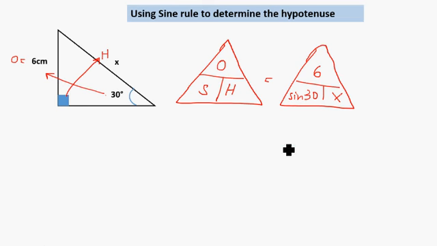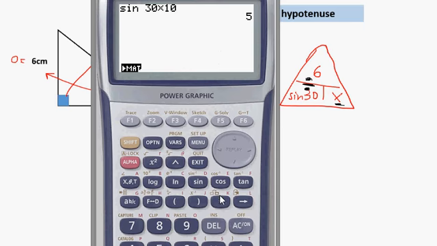Now like before, if I was trying to find the top, I would have multiplied the bottom. Because I'm looking for the bottom, the top always divides the bottom. So here we're going to divide. Let's check on the calculator the possible solution.